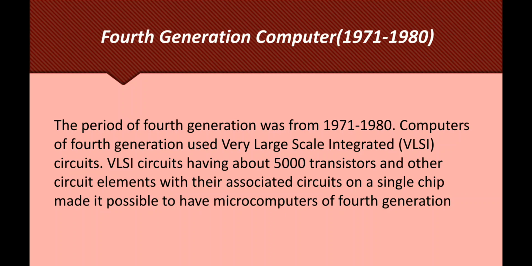See, recall again, in the first generation they used the vacuum tube, then they used the transistor, then in the third they used the ICs, and in the ICs there are a transistor, resistor and capacitor. And in the fourth generation the integrated circuits were put together.